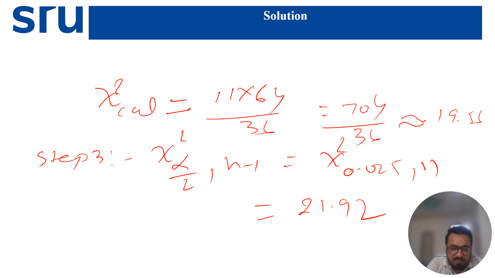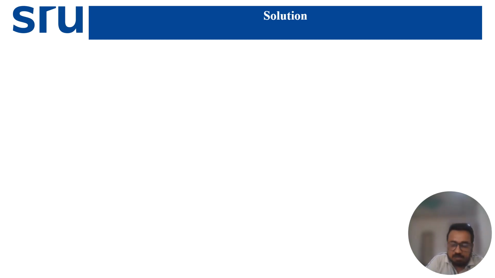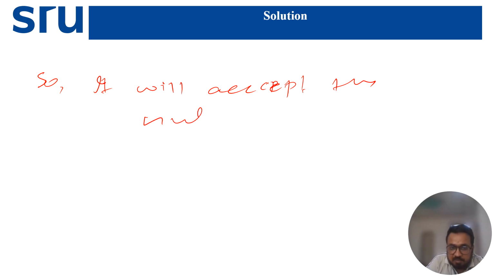In this step we can see that the chi-square calculated value 19.56 is less than 21.92, which is the chi-square critical value. So we accept the null hypothesis.